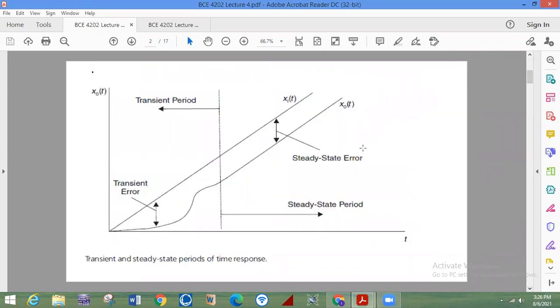When you look at this graph, it is basically a constant velocity curve, which has position or displacement against time.